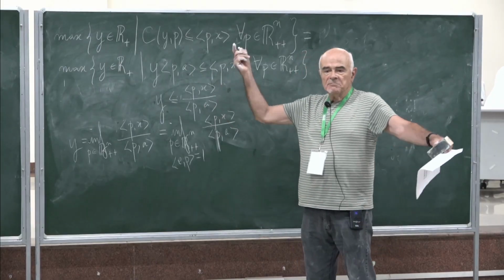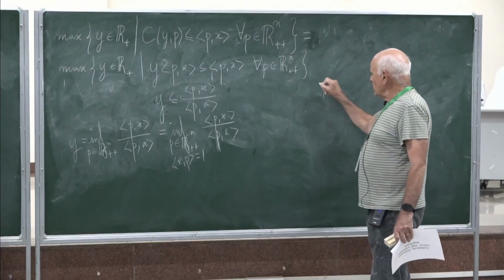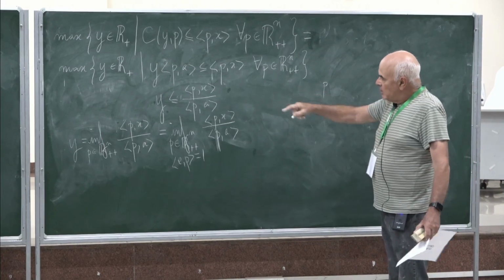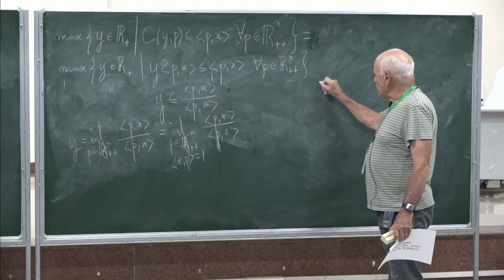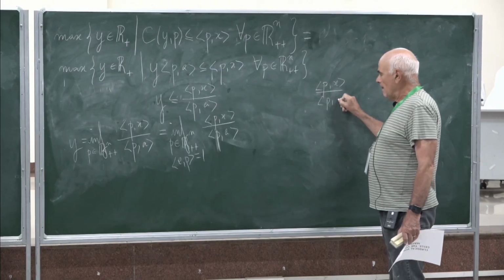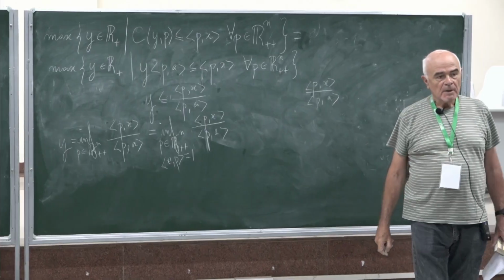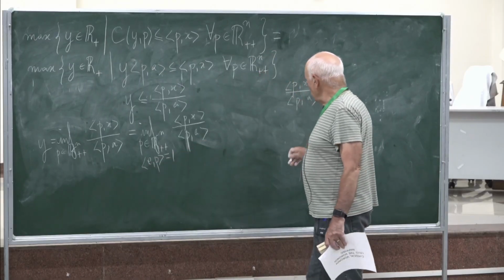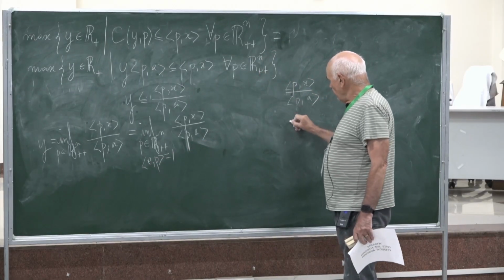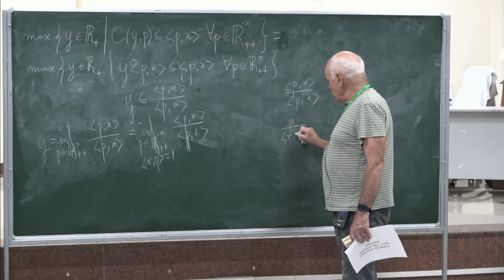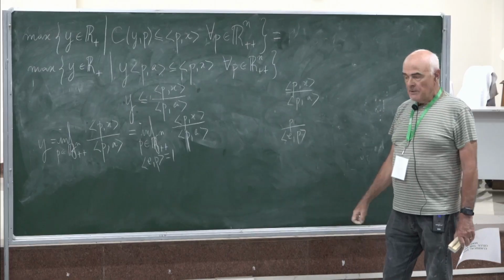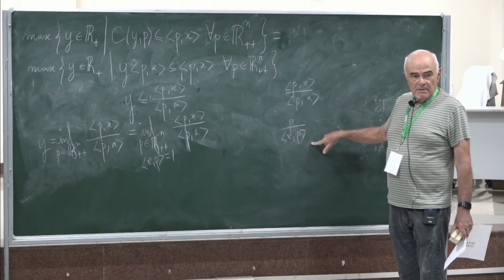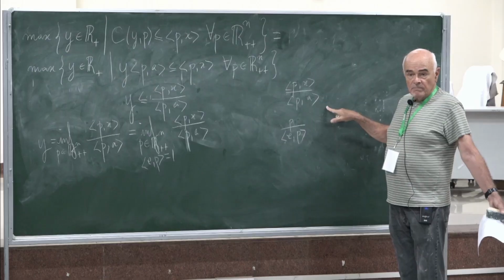I mean, if you have whatever p you like, then you compute the value of the objective function at this p. Very good, but I don't like your p. I want only p's that satisfy this equality. Then what do I do? Instead of your p, I consider your p divided by ep. Then if I replace p here and there with my p, then I obtain the same value.